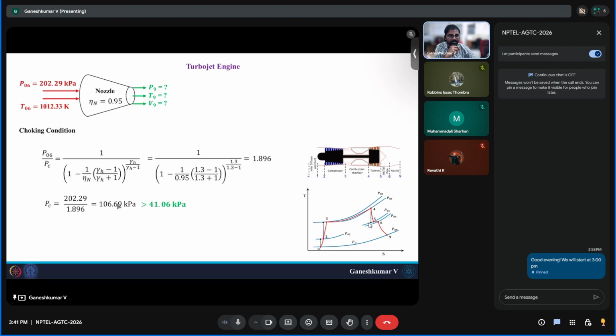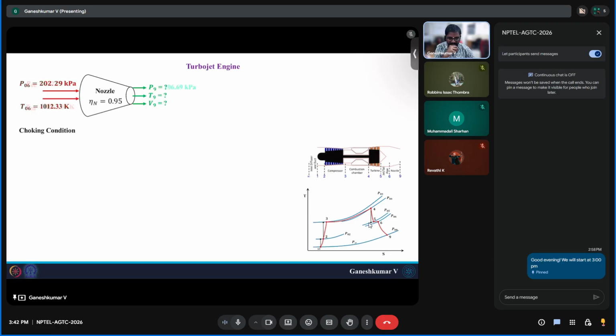So the critical pressure is higher, which means the nozzle is choked. And if the nozzle is choked, then at the exit of the nozzle, the Mach number of the hot flue gas that is exiting the nozzle is going to be 1. And that is the isentropic relation that we are going to use to find out V infinity.